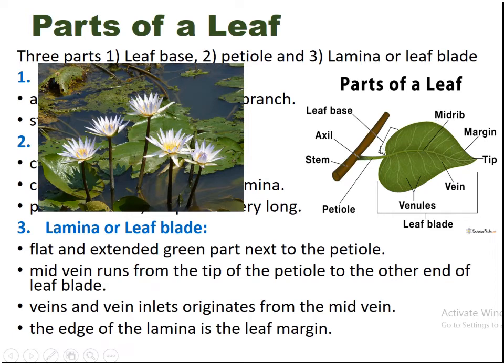The petiole connects this leaf blade with the stem. Here this one is the mid vein. This mid vein runs from the tip of the petiole to the other end of the leaf blade, and all other veins originate from this mid vein. And the edge of this lamina is called the leaf margin.